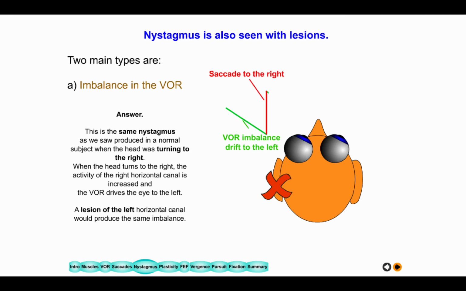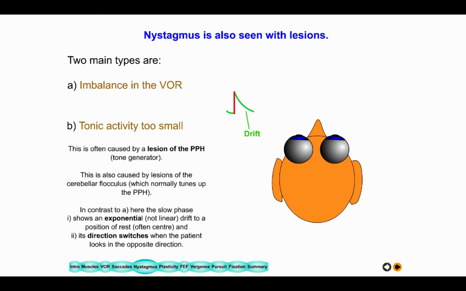and that simulates it. Occasionally you get this strange form of nystagmus. You notice two differences here. Instead of going smoothly back between one saccade and another, this thing is going slowly back to this position. And it's changing direction. Sometimes it's going to the left, and sometimes it's going to the right.